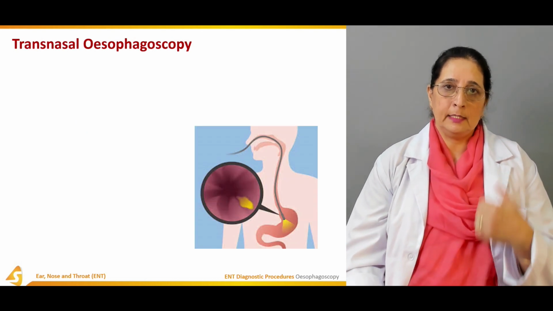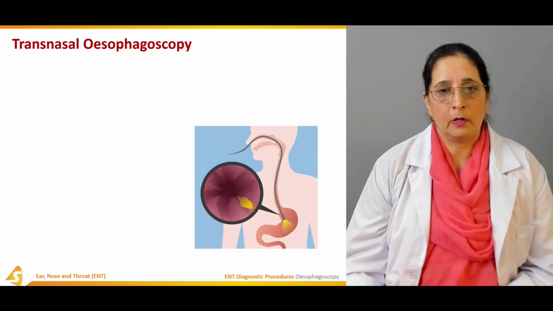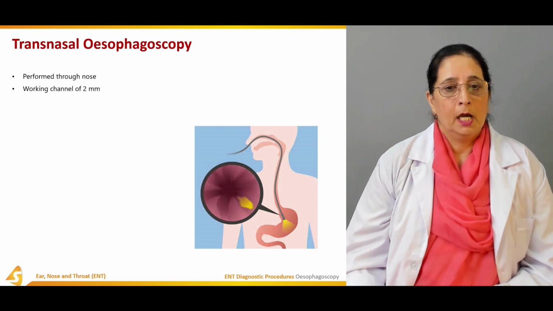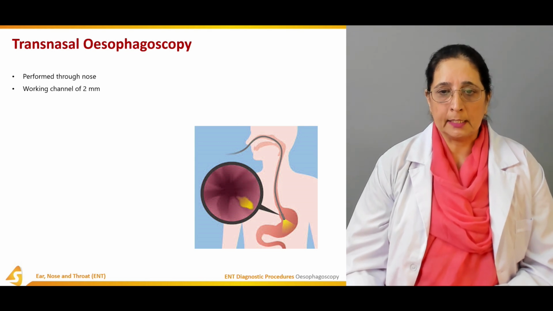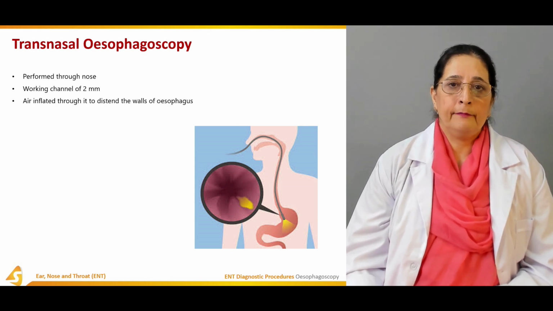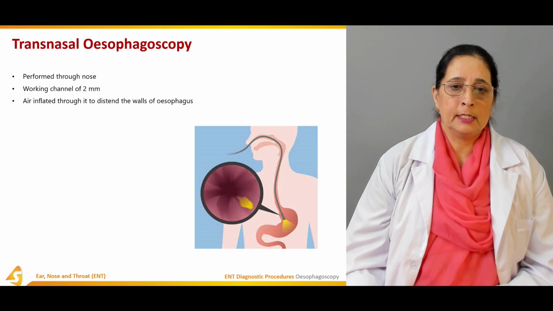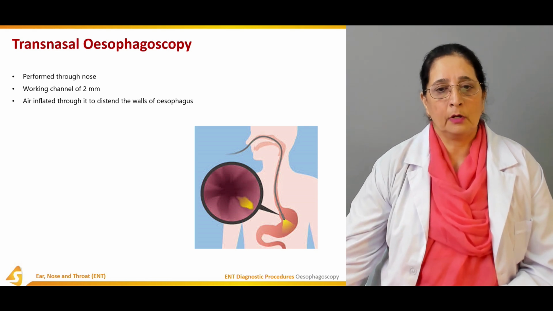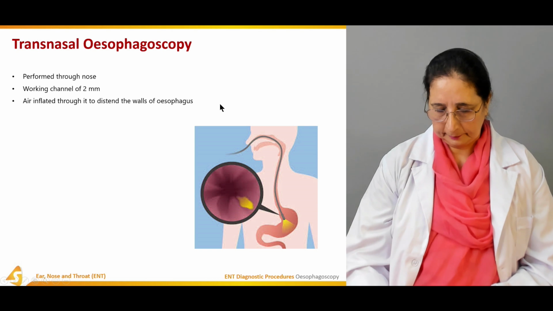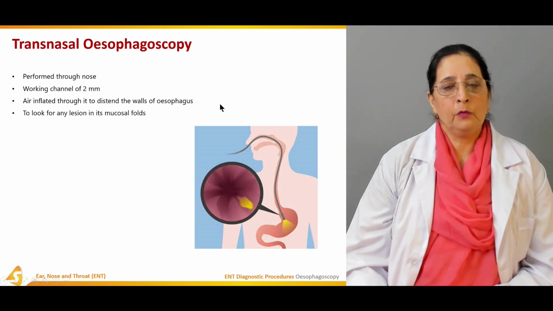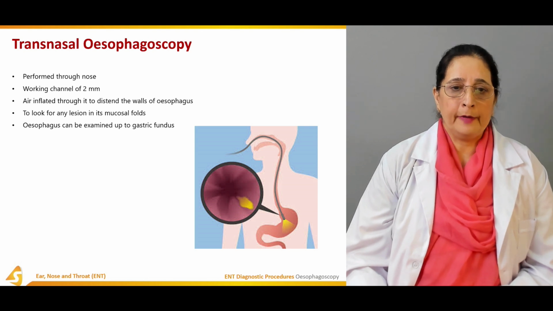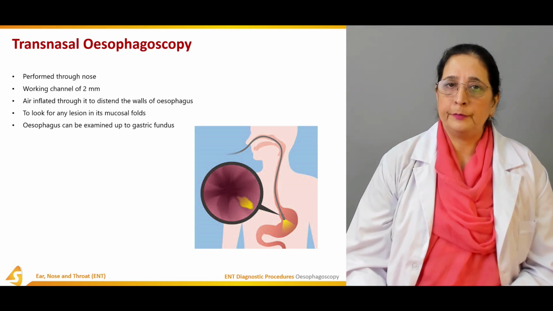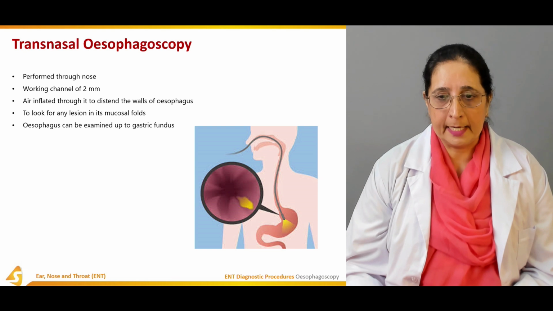Transnasal esophagoscopy, through the nasal cavity, can also be done. Working channel of 2 millimeters, air inflated through it to distend the walls of the esophagus, to look for any lesion in the mucosal fold. The esophagus can be examined up to the gastric fundus.